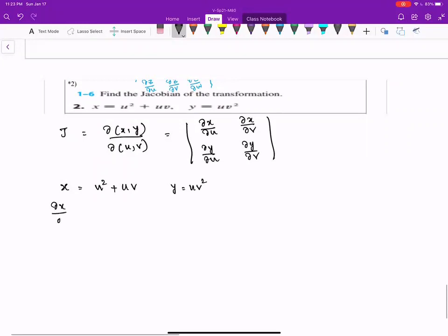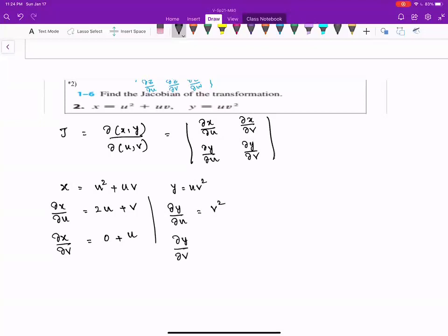So partial x with respect to u is 2u plus v. Partial x with respect to v is 0 plus u. Partial y with respect to u is v square. Partial y with respect to v is 2uv.